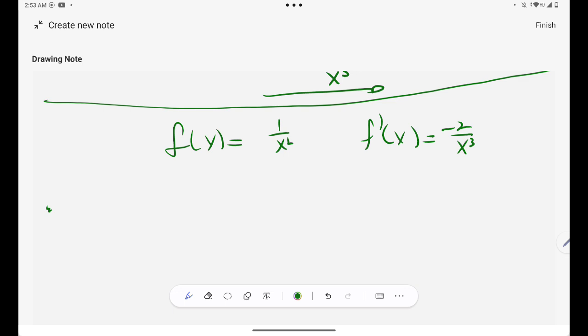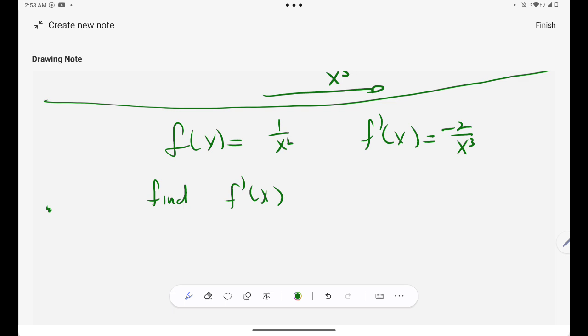Whenever they ask you in the exam, they will say find f prime of x. This f prime of x simply means derive with respect to x. Only derive the things that have x. Anything that does not have x is regarded as a constant, and the derivative of a constant is 0.